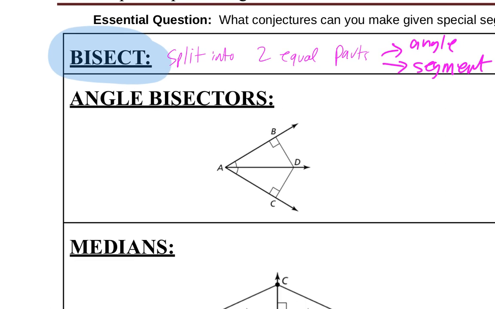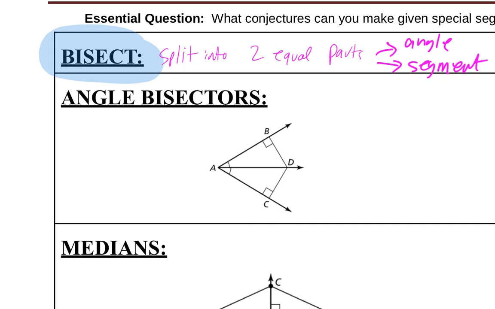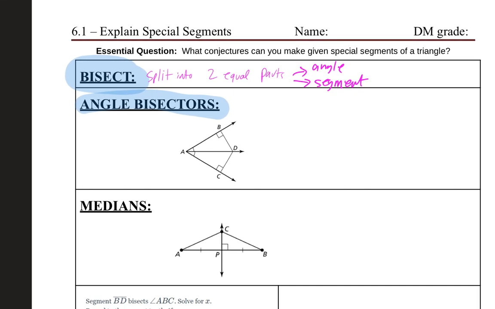So the first thing we're going to talk about is an angle bisector. So let's go ahead and highlight that for another vocabulary word. So an angle bisector. As we talked about, a bisector cuts into two equal parts.